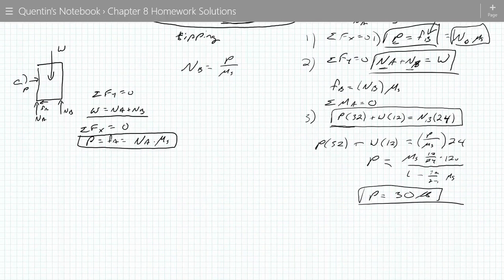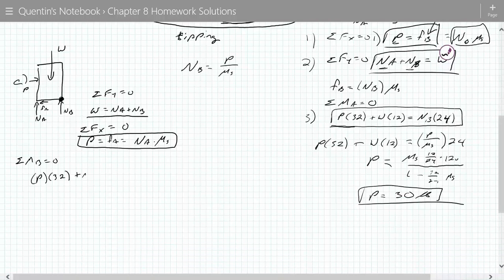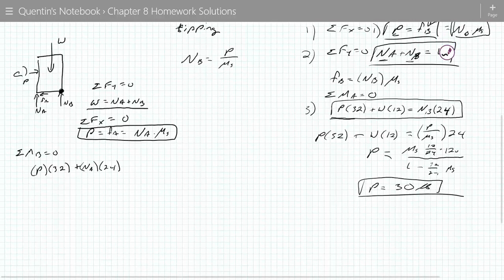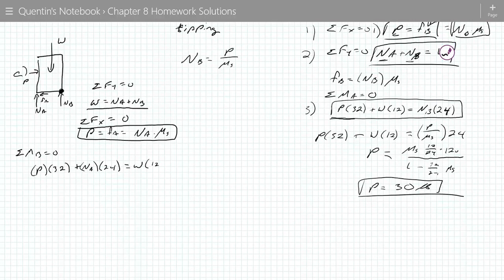And then I can say, well, let's take the sum of the moments at B equal to 0. So let's take some of these moments right here. You're going to end up with P times the height, which is 32, plus NA times 24 equal to the weight times 12.